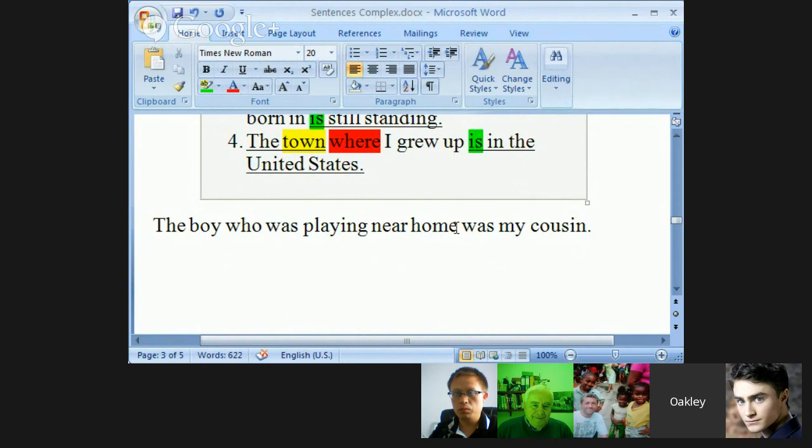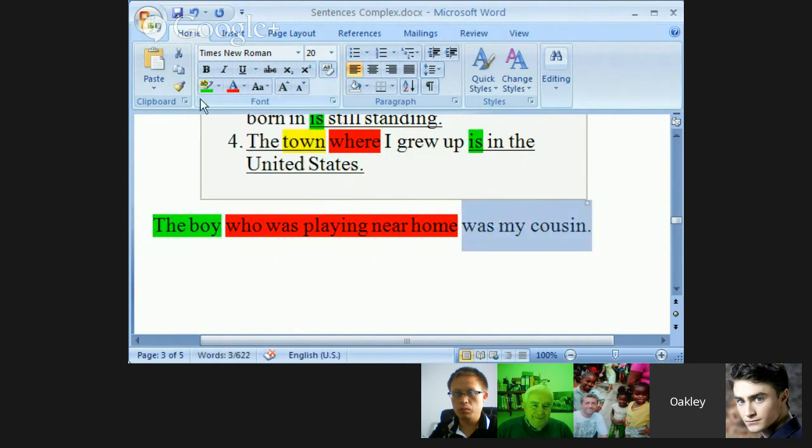Was my cousin? Nope. The dependent clause is here: who was playing. The rest is divided, but this is the independent clause: the boy was my cousin. That's it, the independent and the dependent clause.